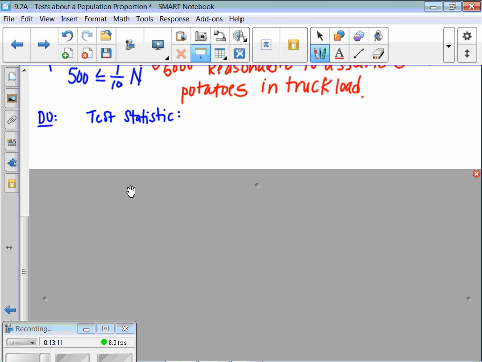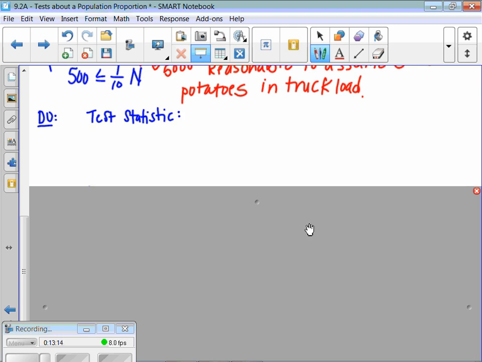And then we have to calculate the test statistic. Show your work on this.